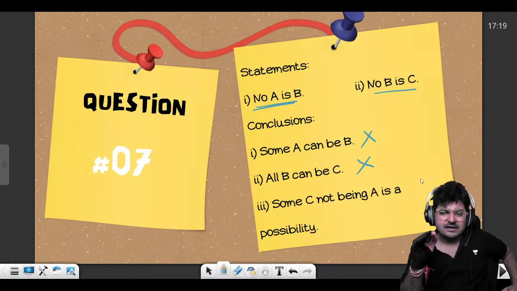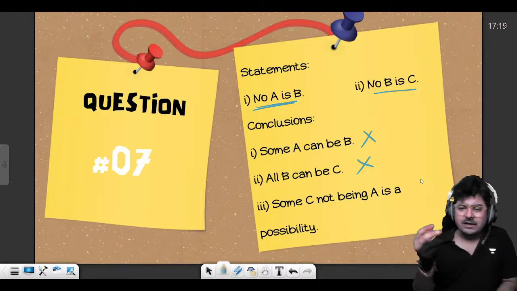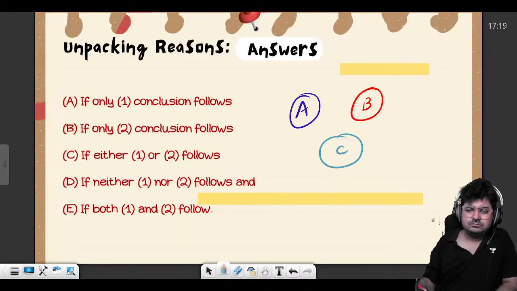Now third, some C not being A is a possibility. Some C is not A. Yes, that is possible.